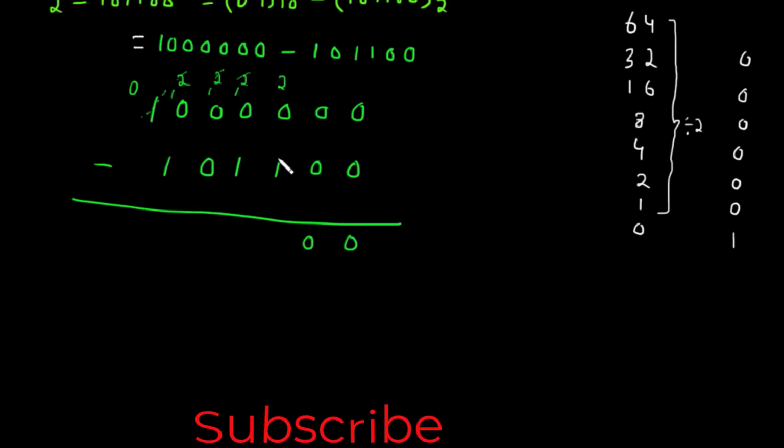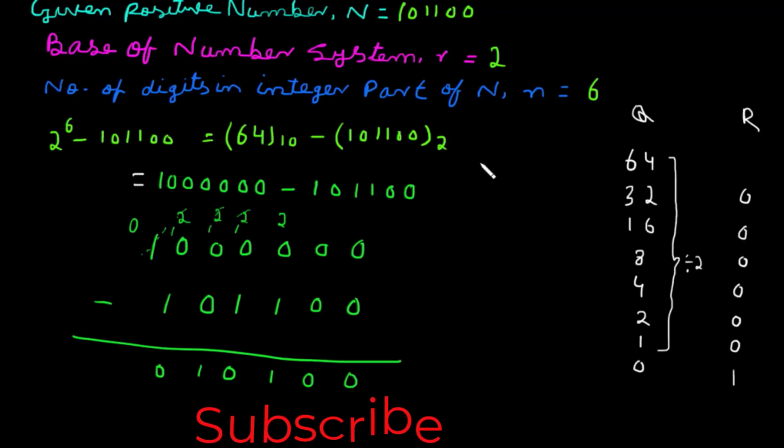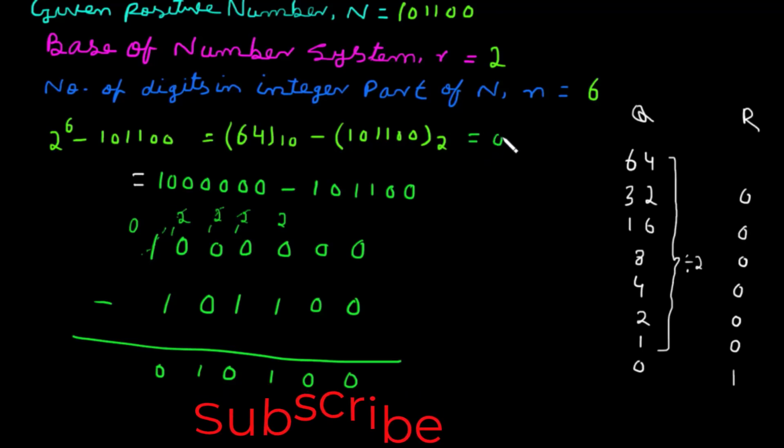Now 2 minus 1 will give me 1, and 1 minus 1 will give me 0, 1 minus 0 will give me 1, and 1 minus 1 will give me 0. So we come to know that this is equal to 010100.